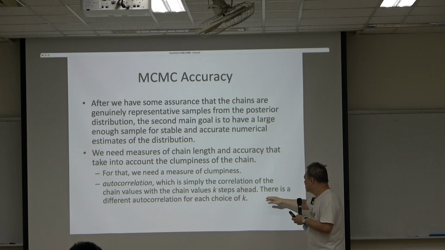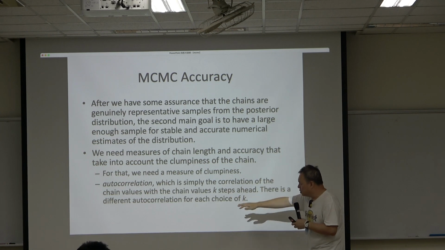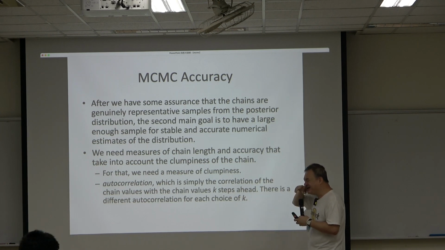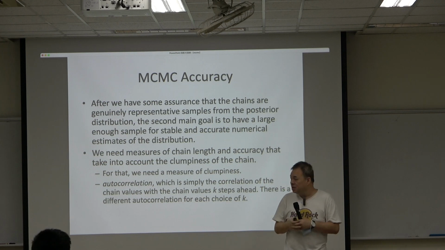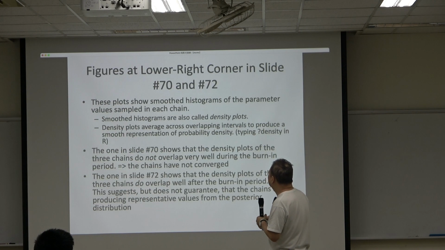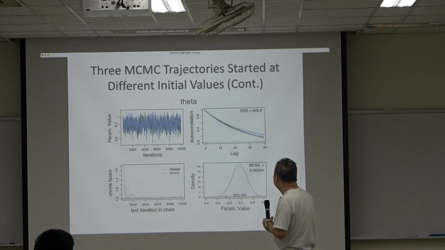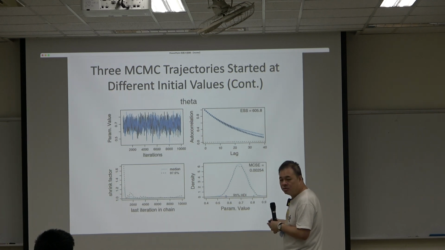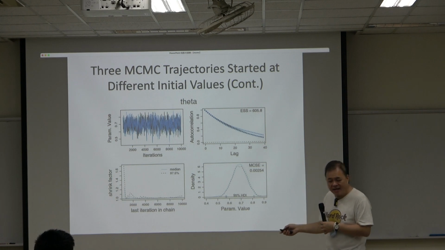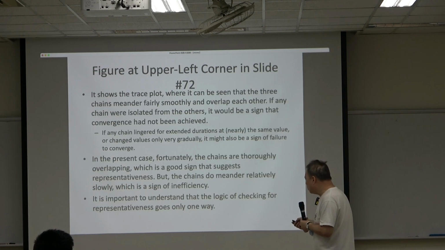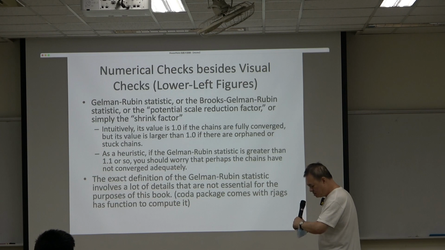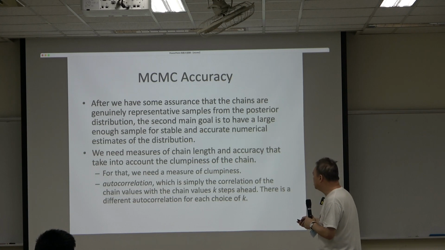So there is a different autocorrelation for each choice of k. If you look at this, the lag represents that k value. So what does that mean? Let me show you this figure.